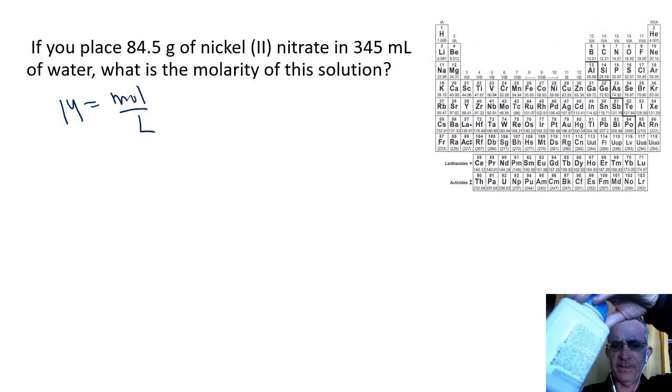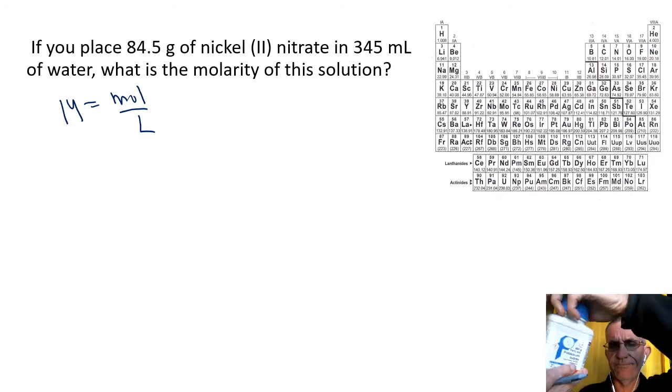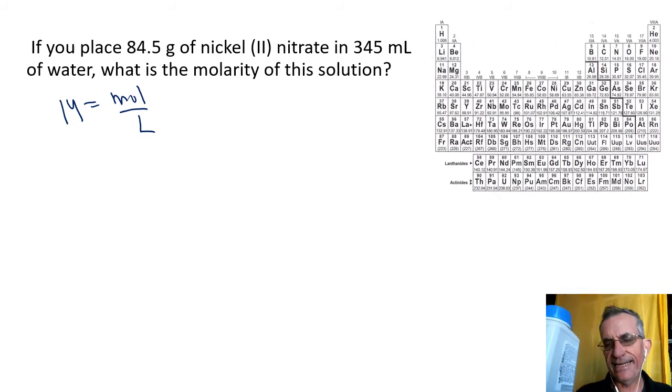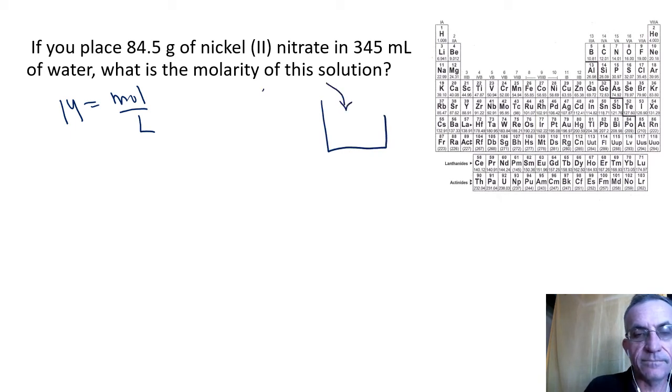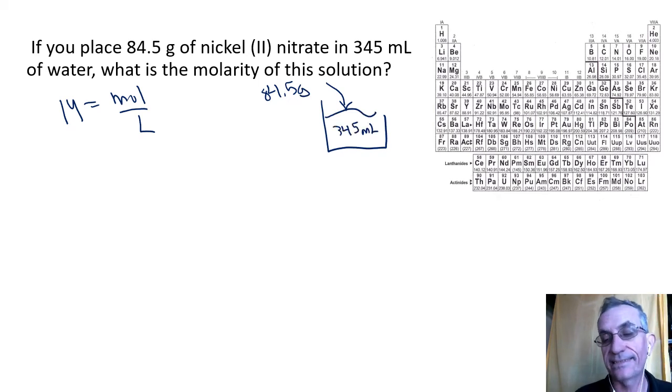So this is the box that's got nickel(II) nitrate in it. Let's say I take 84.5 grams out of this container and stick it in 345 milliliters of water. I want to know the molarity when the two get together.